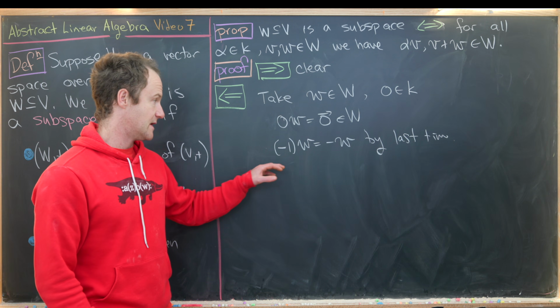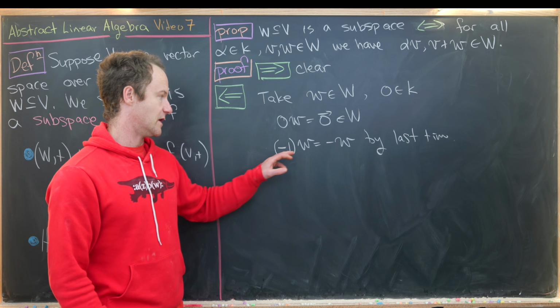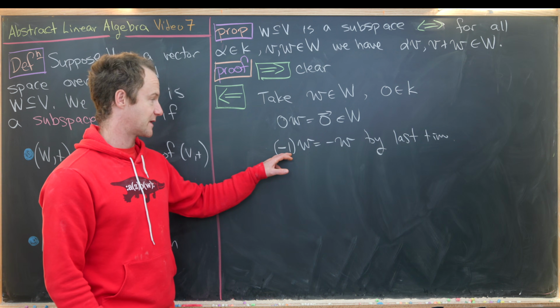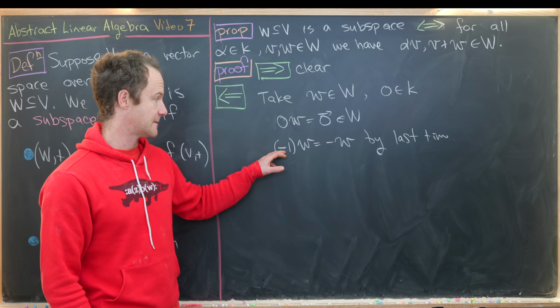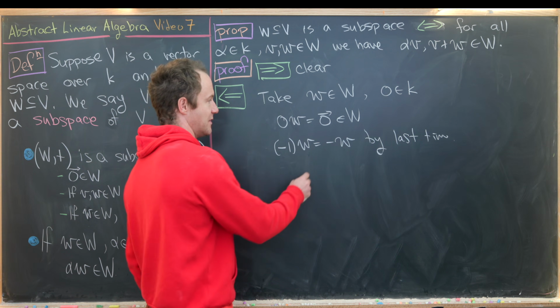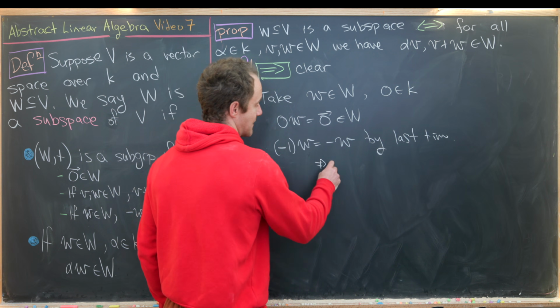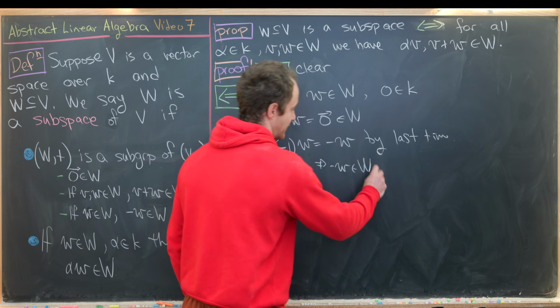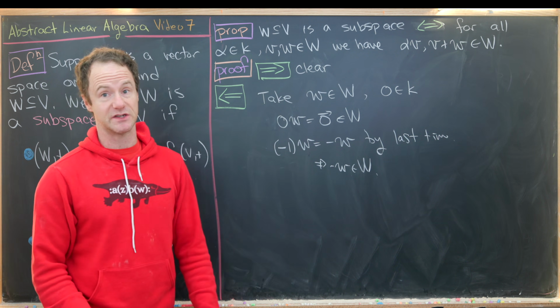But again, this is a scalar multiple of w by an element from K. -1 is in K. That means by the property up there, this is an element from W, which means this is an element from W. So we get that minus w is an element from W. And that's really all there is to it.